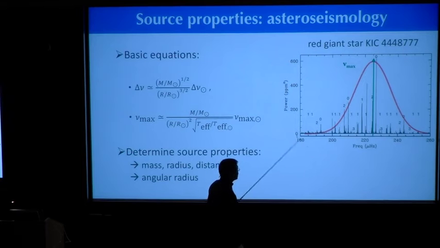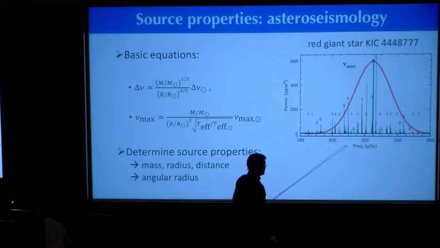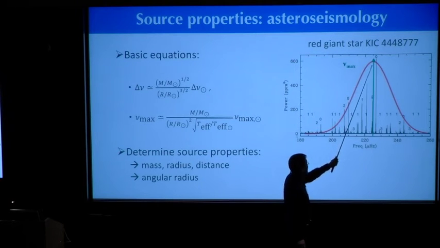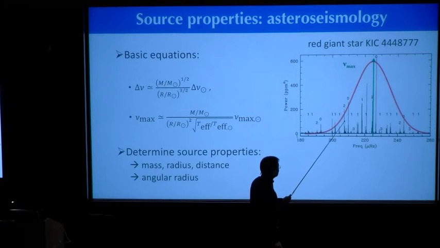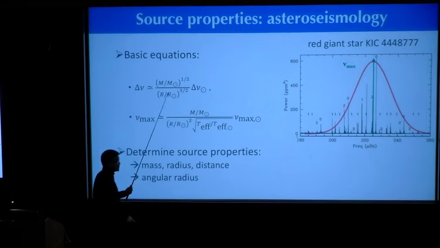So when you do a Fourier analysis of a time series, you get a power spectrum as a function of frequency. Usually you get a maximum peak with maximum amplitude corresponding to a frequency nu max, and many distinct Fourier peaks. And the frequency difference between adjacent peaks is written as delta nu. This parameter is related to dynamical time in the star.